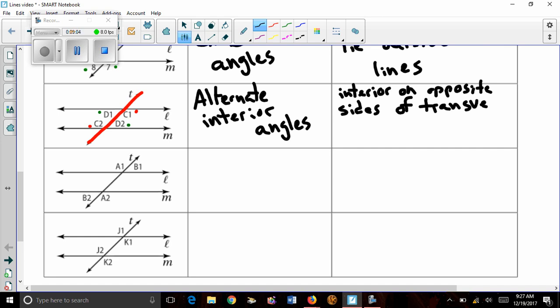And they have a special property. The reason why they are marked as D1, D2, C1, and C2 is because we can make the statement that the measure, or M, of angle, so we use that wedge shape for angle, C1 equals the measure of angle C2.